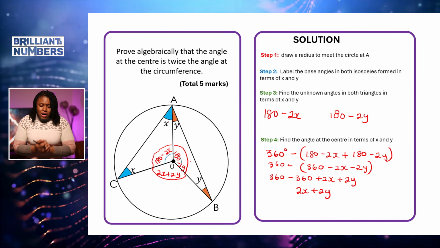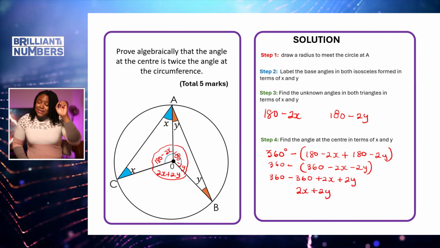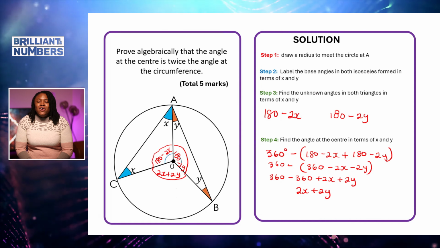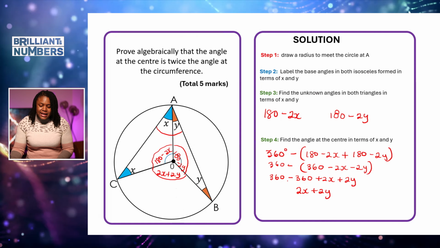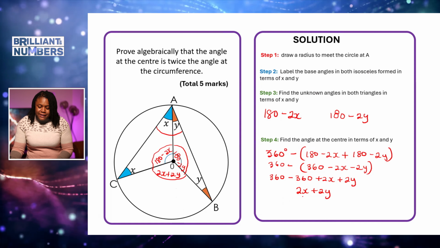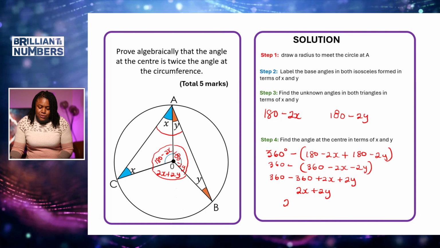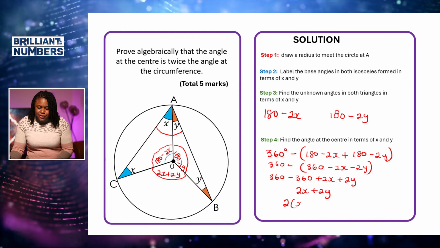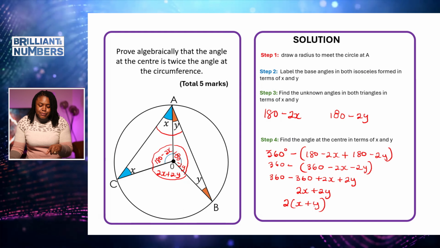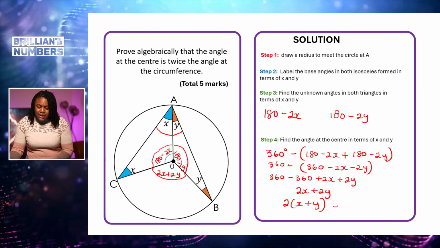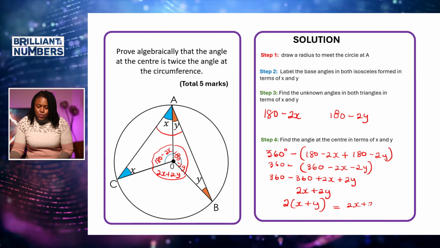Now remember, we are asked to prove that the angle at the center is double the one on the circumference, and the one on the circumference at A is x plus y. So therefore, if I factorize this, taking 2 out as my common factor, I can see here that multiplying x plus y by 2 gets me to 2x plus 2y.